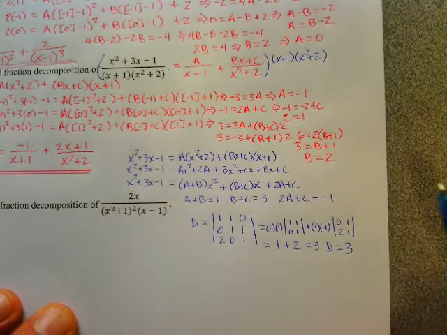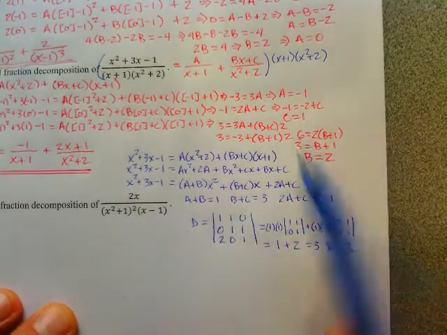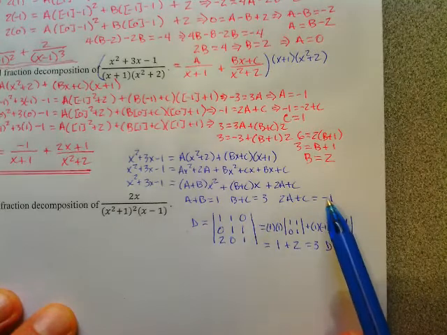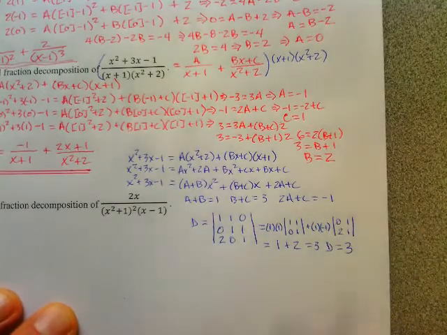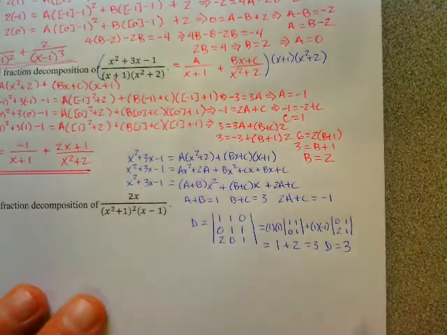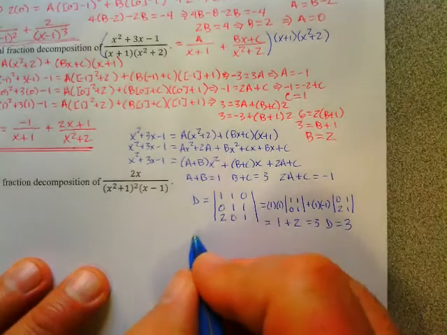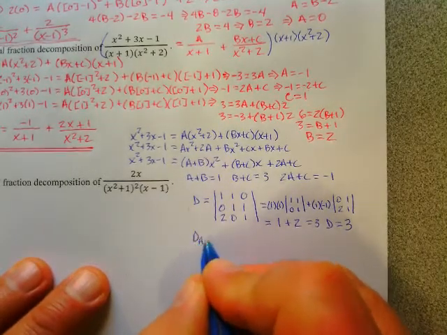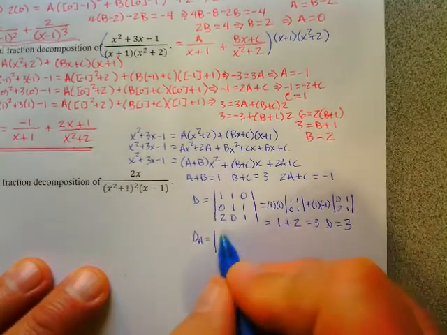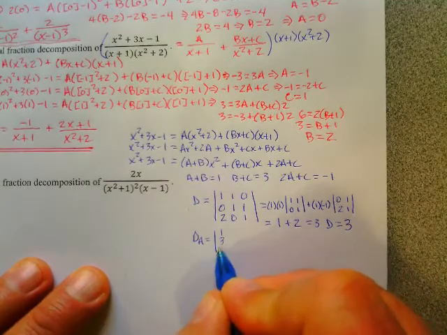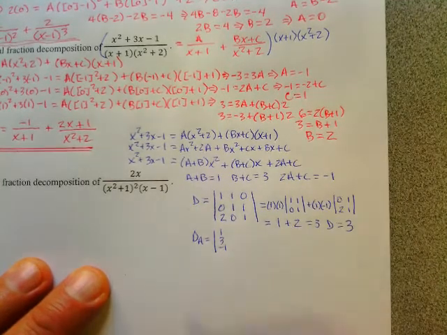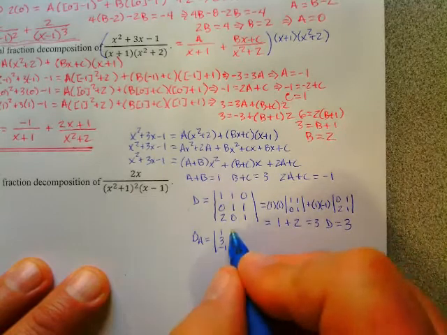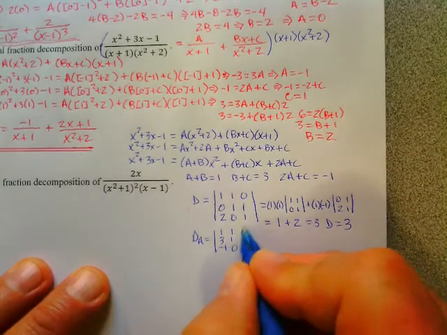And now what we're going to do is replace first the A's with 1, 3, negative 1, and then the B's and then the C's to find out our various pieces. So dA, well, that'll be 1, 3, negative 1, and that'll be 1, 1, 0, 0, 1, 1.